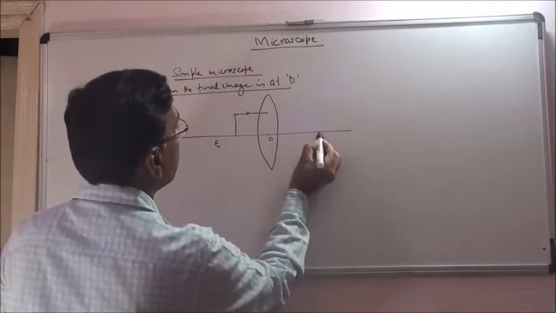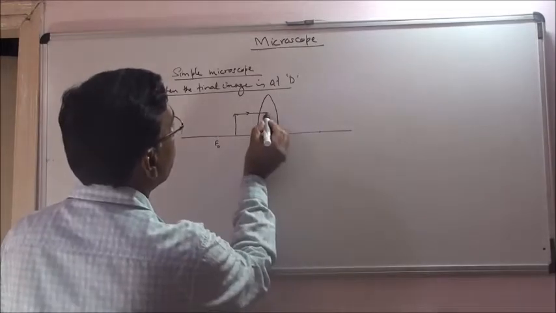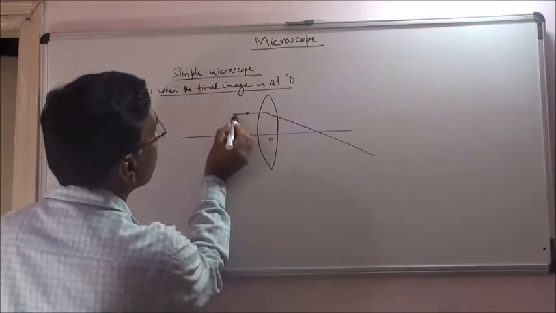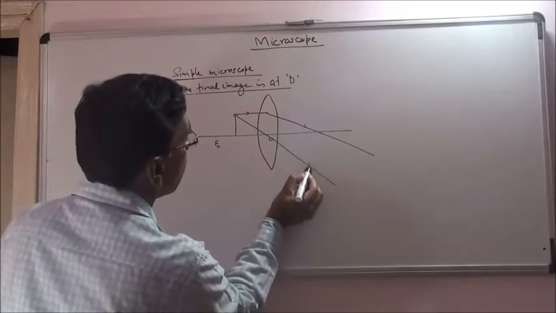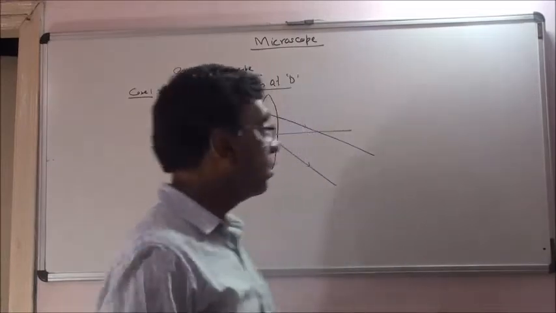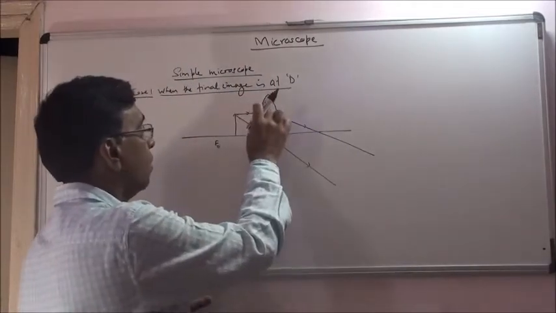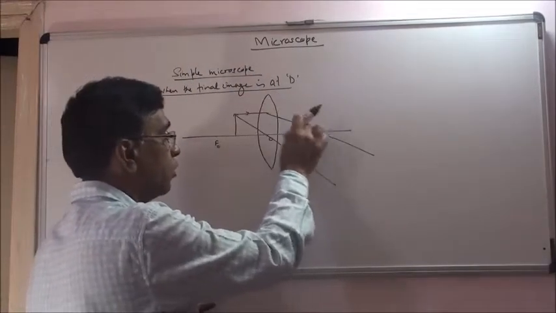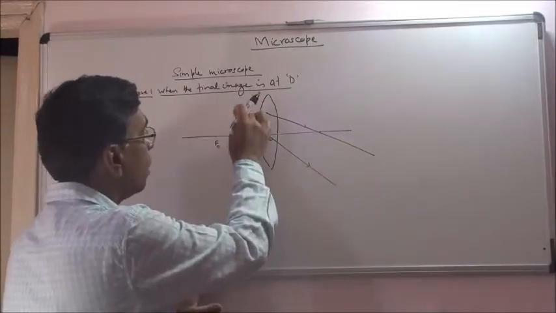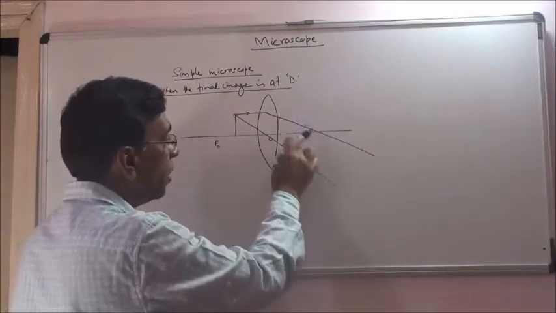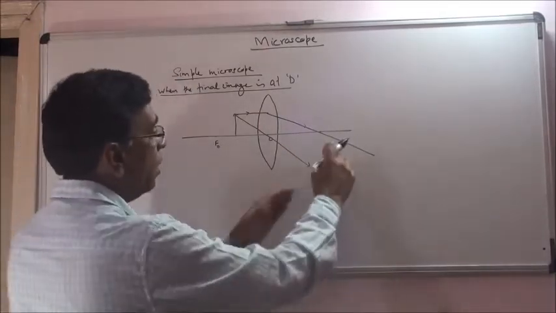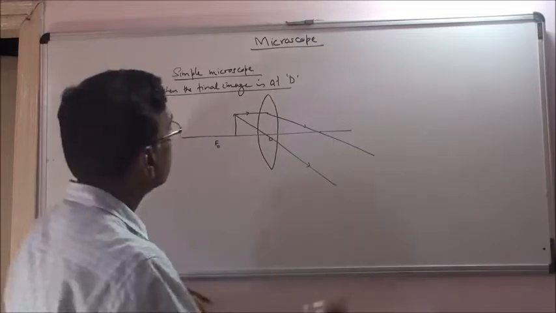A parallel ray will pass through the focus, and a light ray passing through the optical center will go straight. This is the ray parallel to the principal axis, which will pass through the focus of the convex lens. From this side, they are diverging.